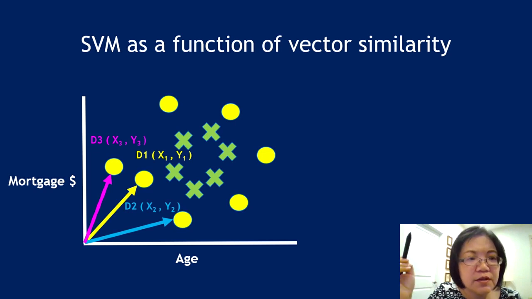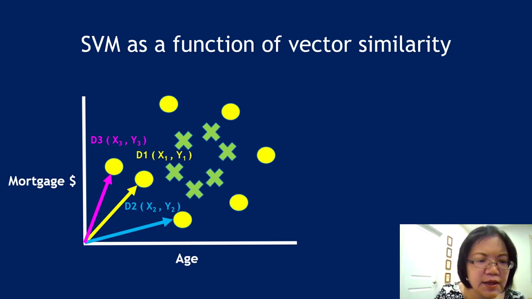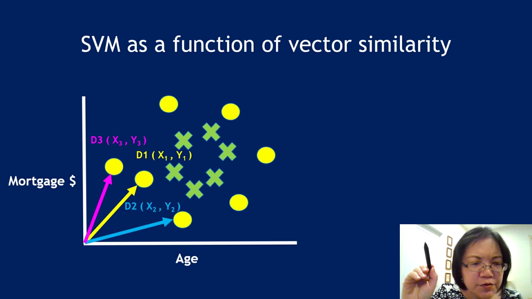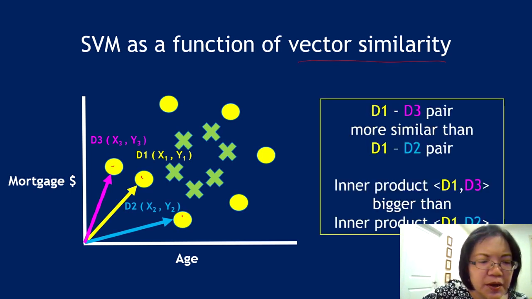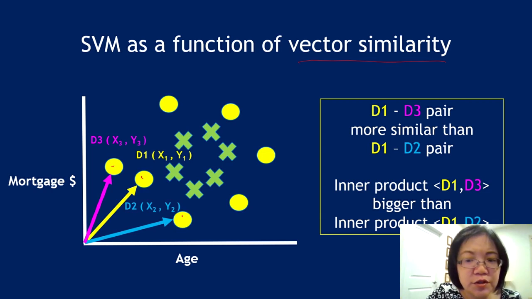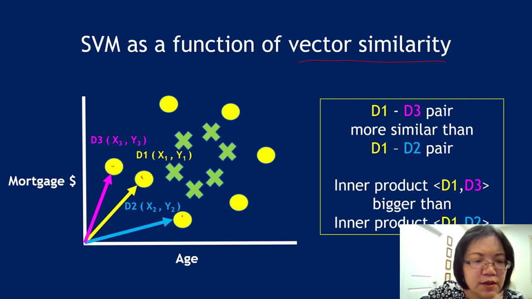SVM can be expressed simply as a function of vector similarity. Okay, so in this particular case, if we look at these three different dots, three different vectors, you can see that D1 and D3, these two are closer to each other, so they're more similar than the D1, D2 pair.